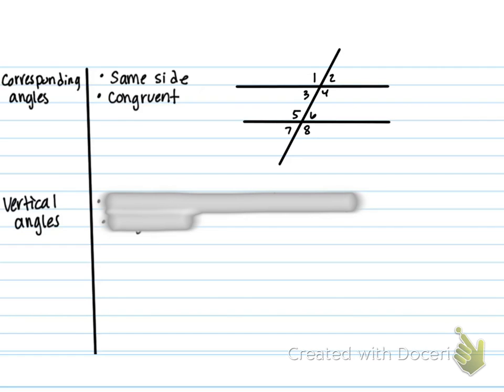When I say corresponding, they're on the same side of the transversal. If we look at angle 1 and, on the bottom, angle 5, those are corresponding angles because they're on the same side of the transversal. If we look at a little box, they're both over here.